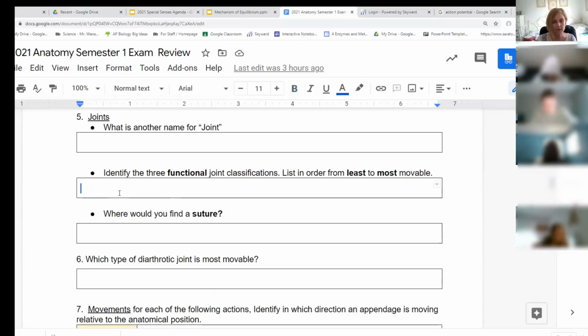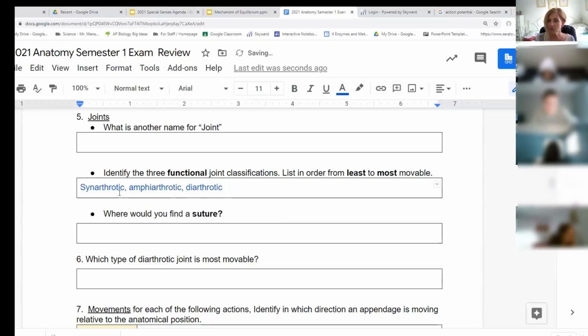So you'll remember we had synarthrotic, which has no movement. And that would be like a suture in the skull. You had amphiarthrotic, which has some movement, amphi, a little yes, a little no. That would be like your cartilaginous joints that are in the vertebrae discs. And then the diarthrotic is the one that has freely movable joints.